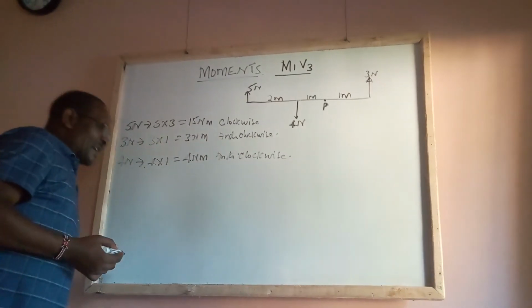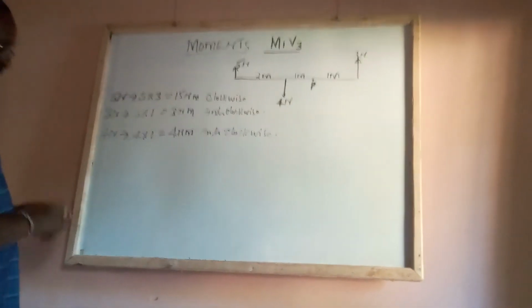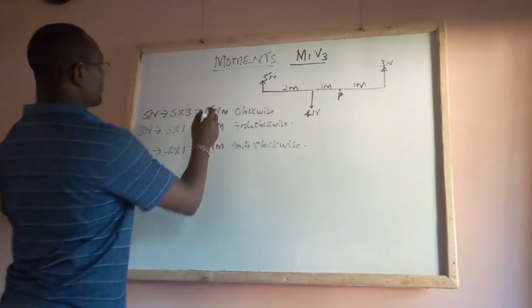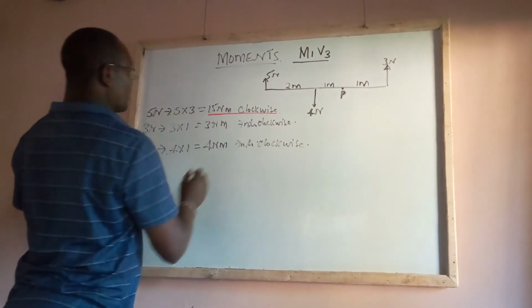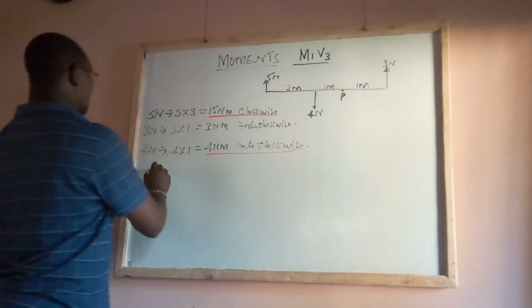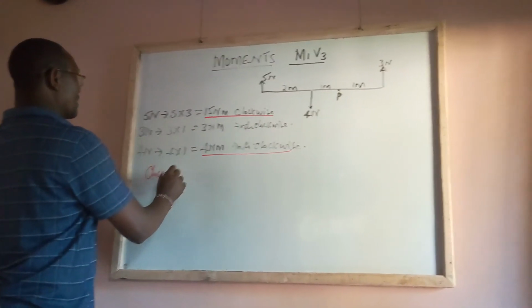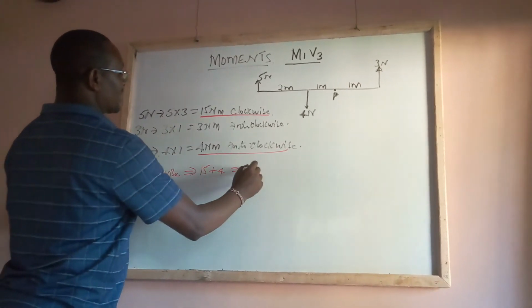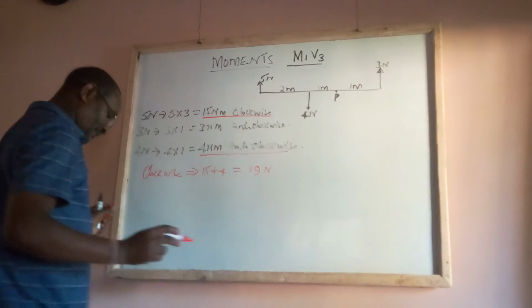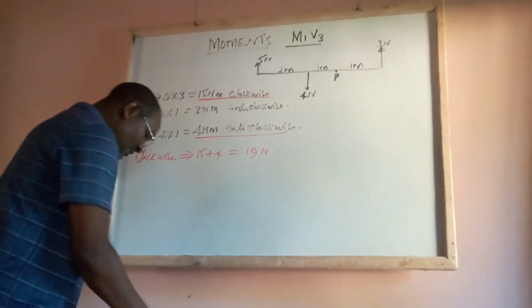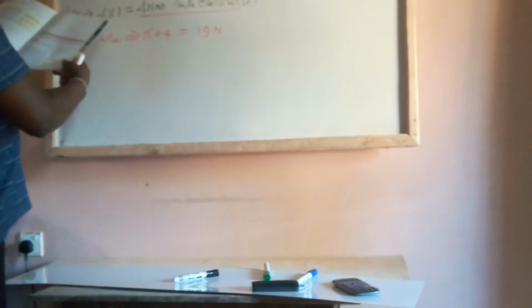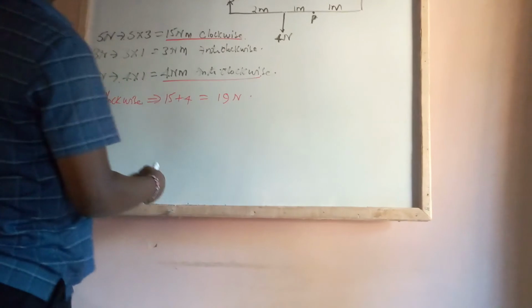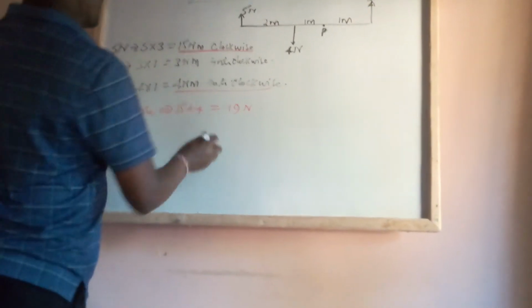Now, what is the sum total of the moment clockwise? Clockwise, the moment is 15 newton meters.